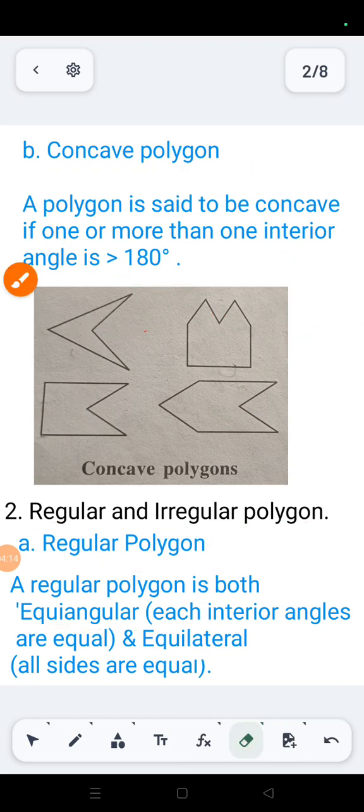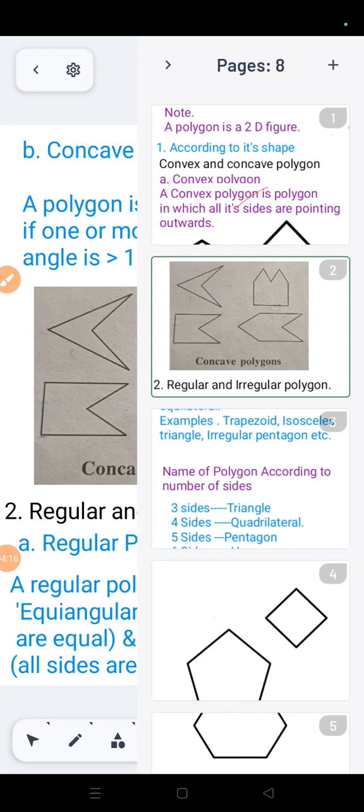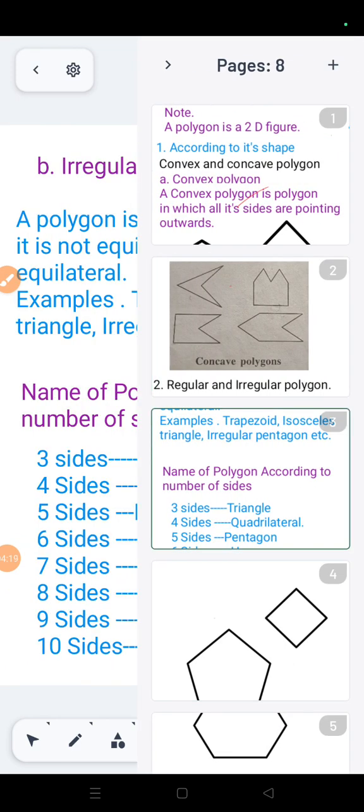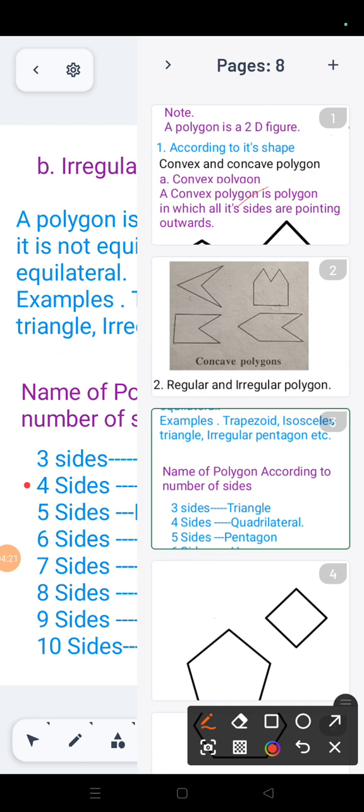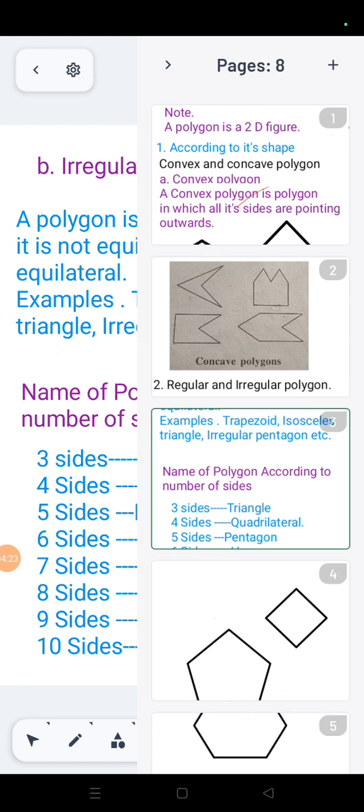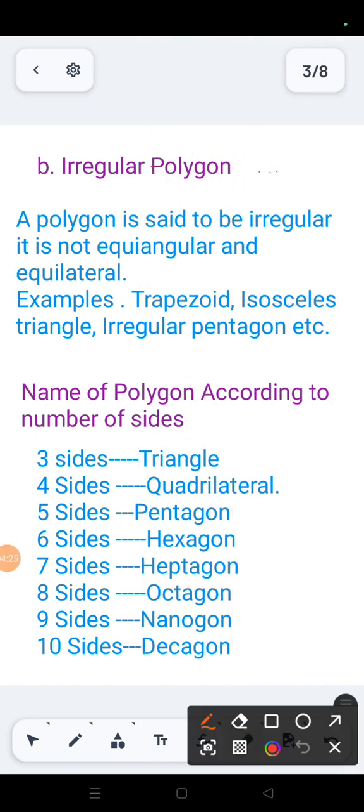Now come to the irregular polygon. It's the reverse of regular polygon. A polygon is said to be irregular if it is not equiangular and equilateral.